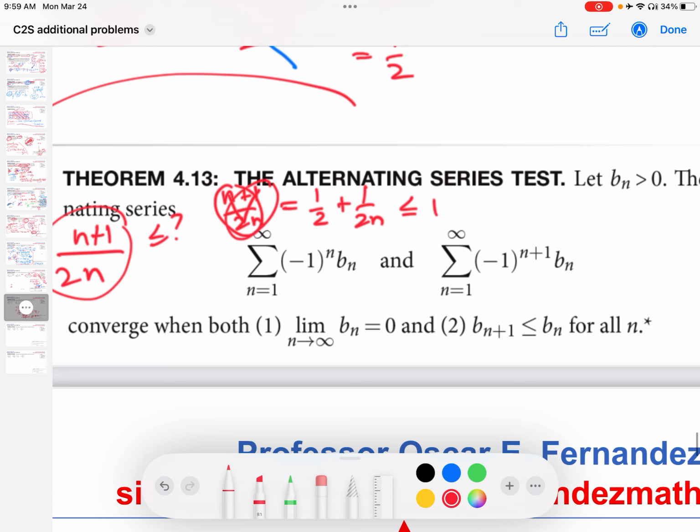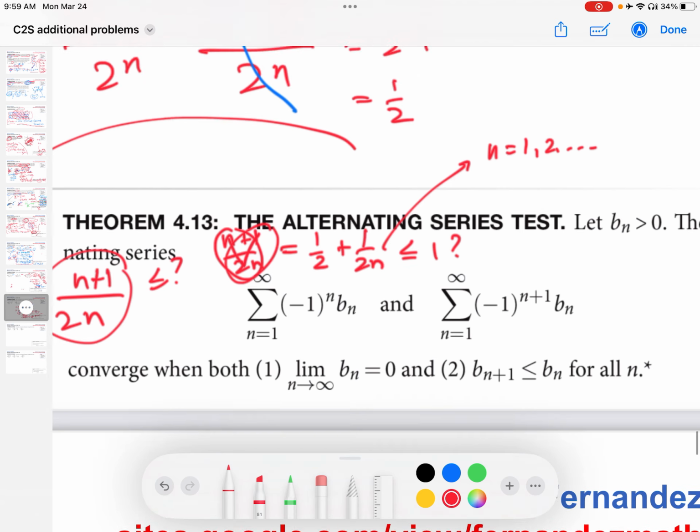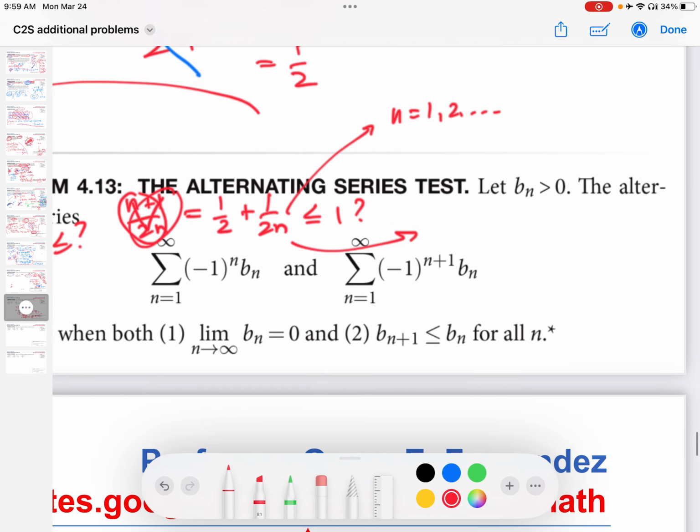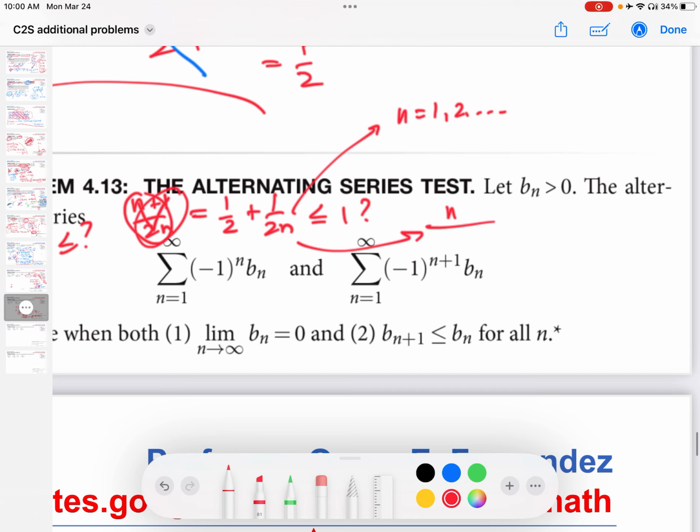I want to know if this is less than or equal to 1. Well, the n values start at 1 and keep on going. If n is 1, over here I have 1/2 plus 1/2, that's 1. So it's equal to 1, so far so good.